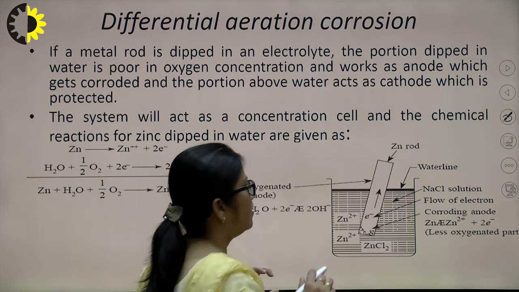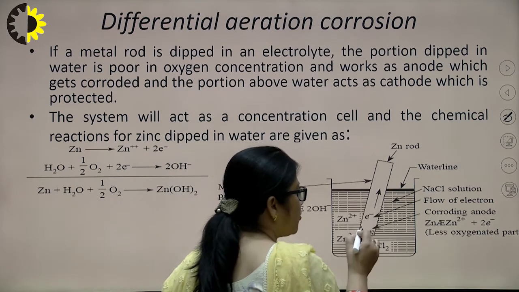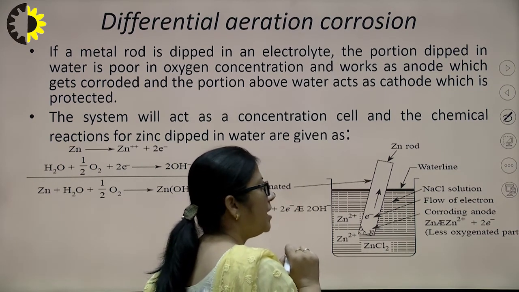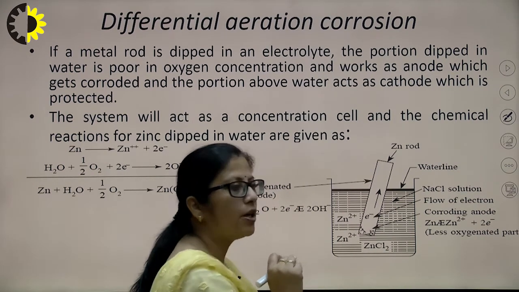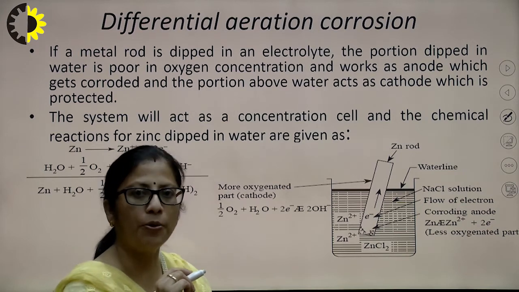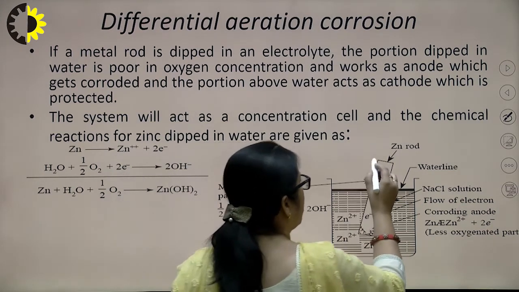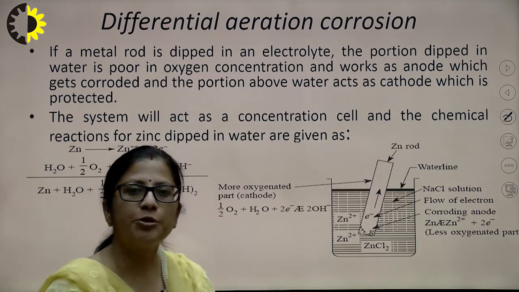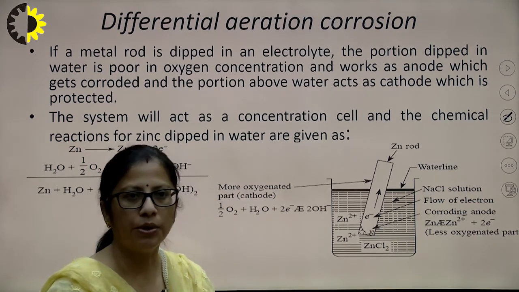Again, the part which is dipped inside the electrolyte has poor concentration of oxygen. As a result, this part of the zinc rod starts behaving as anode, whereas the part which is directly exposed to oxygen starts behaving as the cathode.